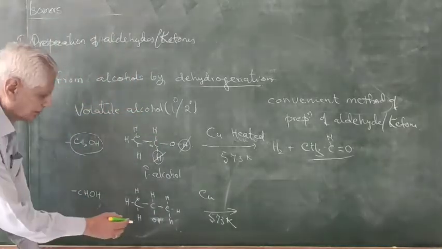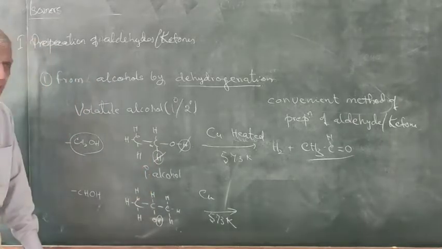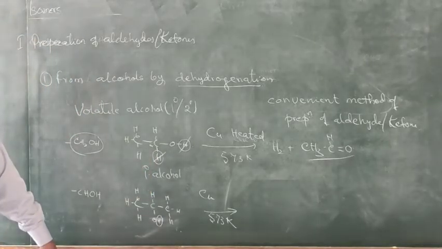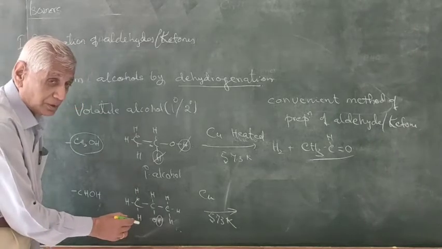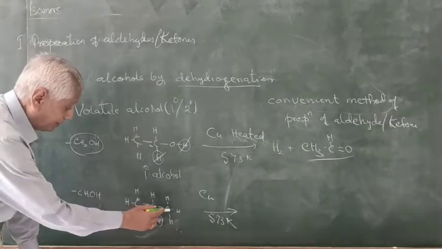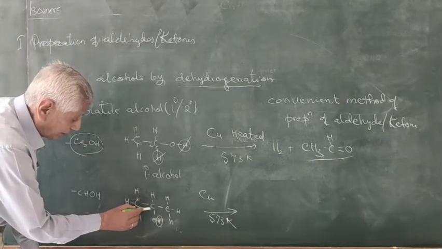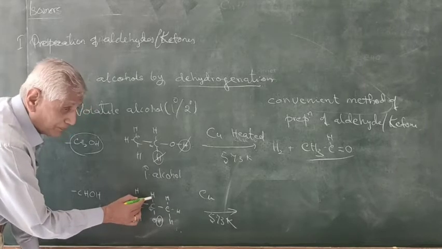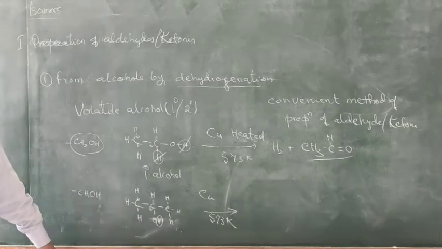definitely this H and this H of the alpha carbon are removed. Do not be confused about the alpha carbon. So the H of the OH and the H of the alpha carbon are removed.